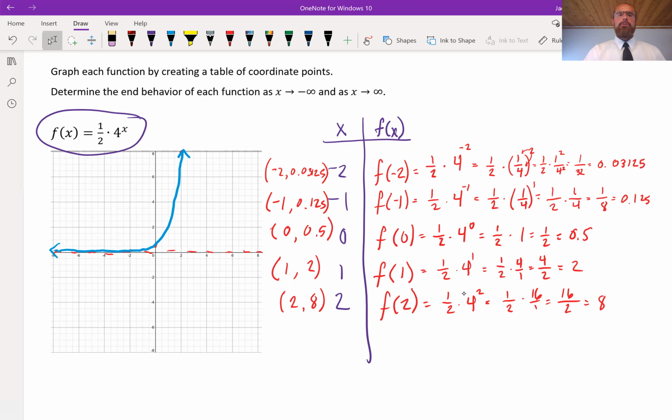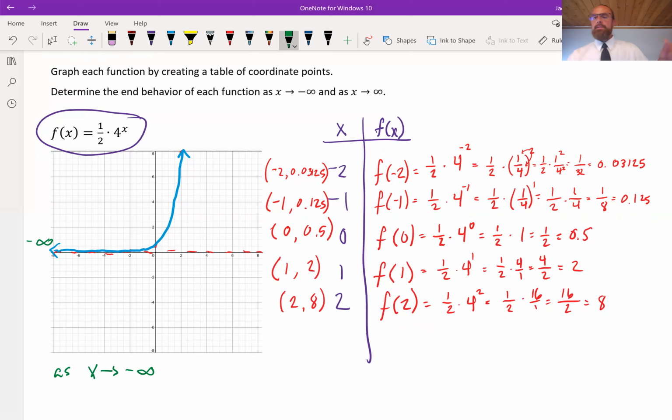And now we want to determine the end behavior of the function as, first of all, x gets closer to negative infinity, and also separately as x gets closer to positive infinity. Let's consider that first one. As x approaches negative infinity, so I'm going to indicate on the graph where is negative infinity.